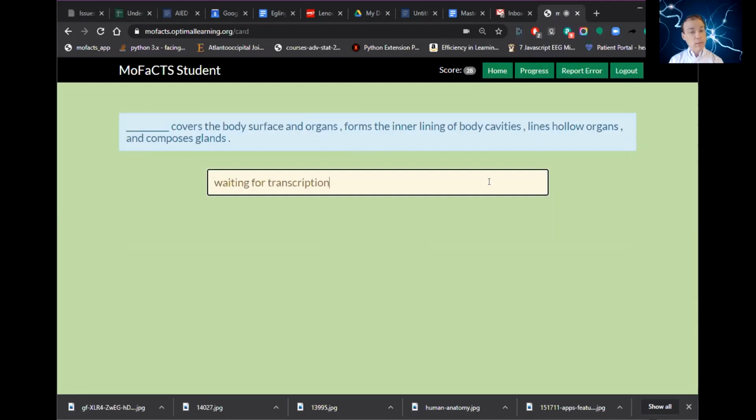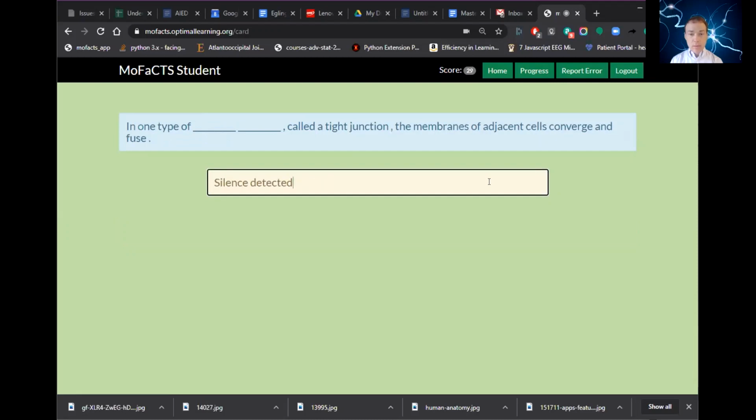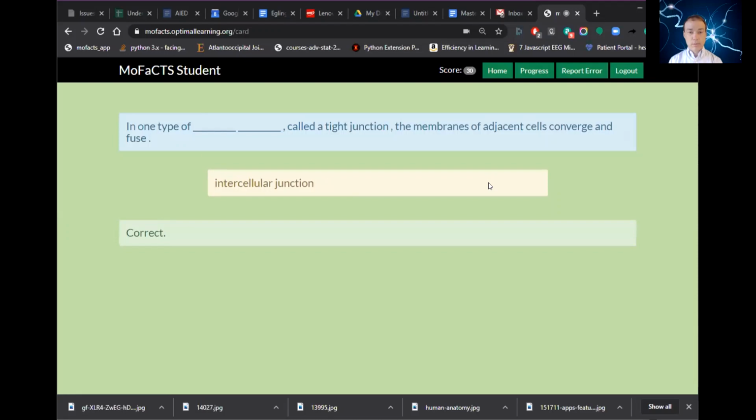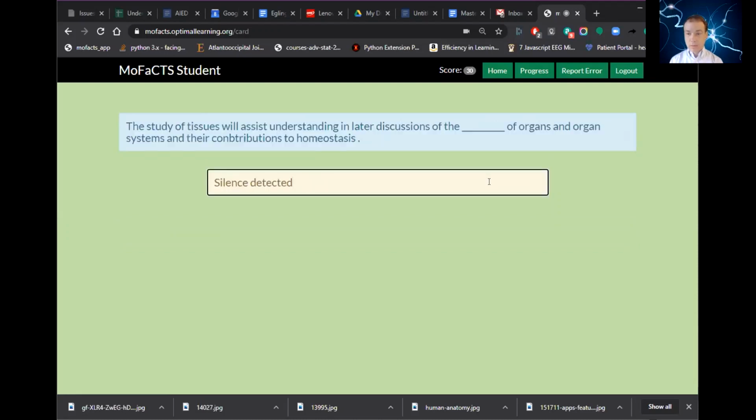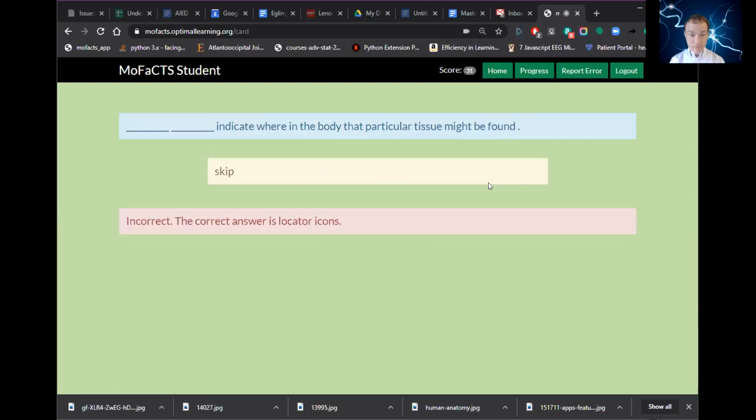Epithelium? Correct. Intercellular junction. Correct. Physiology. Correct. I don't know. Skip. Skip. Incorrect. The correct answer is locator icons.